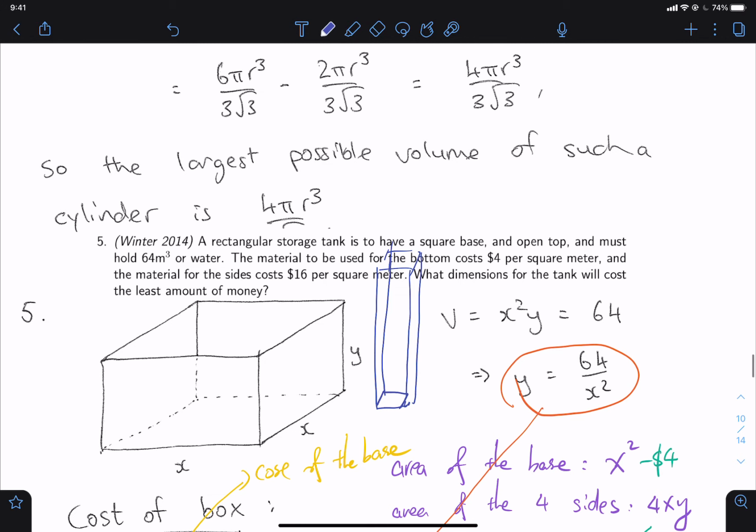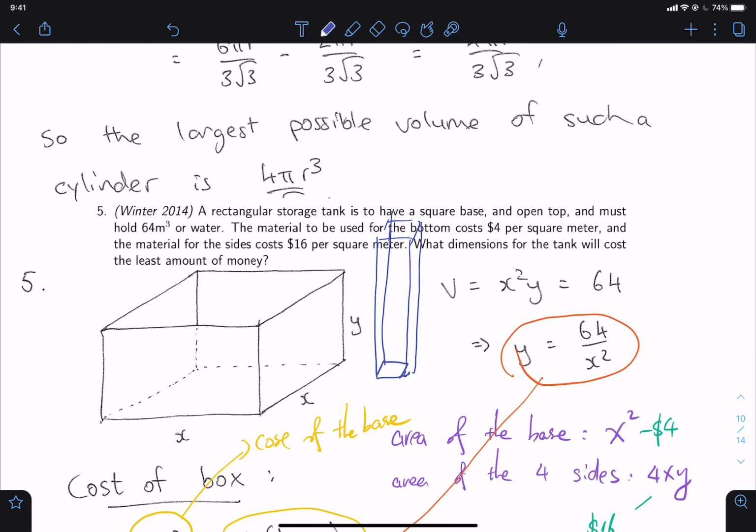And in another case, this x could be very large. So you can make a very flat and very short box, right? That's not going to hold that much water, so it's going to be very expensive in this way. So you can imagine x can be as small as 0 and it can be as large as infinity. There's no upper bound for the x here.